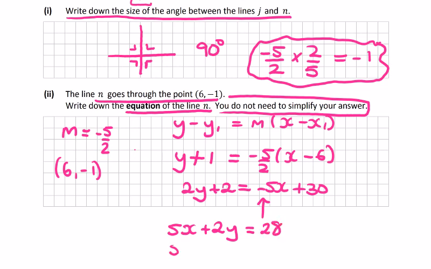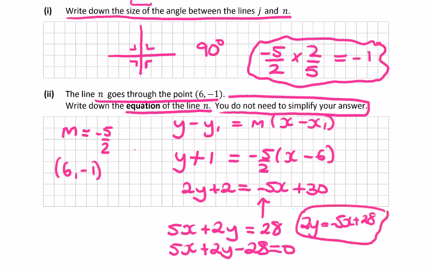Or you can have 5x plus 2y minus 28 is equal to 0, or you could have 2y is equal to minus 5x plus 28. So any of these answers will be correct, or some mysteriously non-simplified version of one of these.